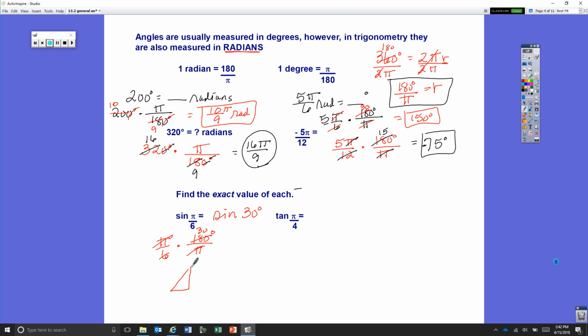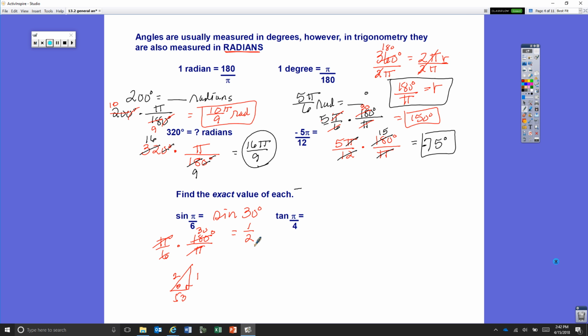So again, I can put my theta here. Opposite of a 30 is 1. Square root 3 and 2. Opposite your 30 would be 1 over 2. So the sine of pi over 6 is the same as 1/2.